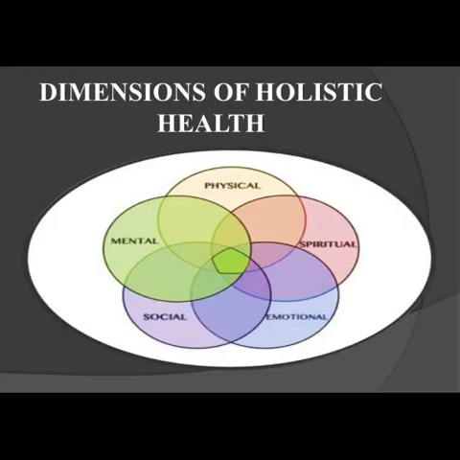If he is physically healthy, the physical health should complement his mental health, and the mental health should complement his spiritual health, and so goes for the other dimensions as well, whether it is physical, mental, spiritual, social, or emotional. That is considered as the holistic health. If we talk about holistic, it considers the person as a whole, as a body, mind, spirit, emotions.